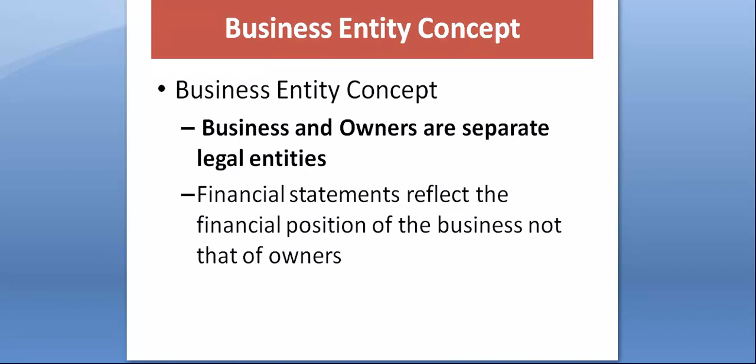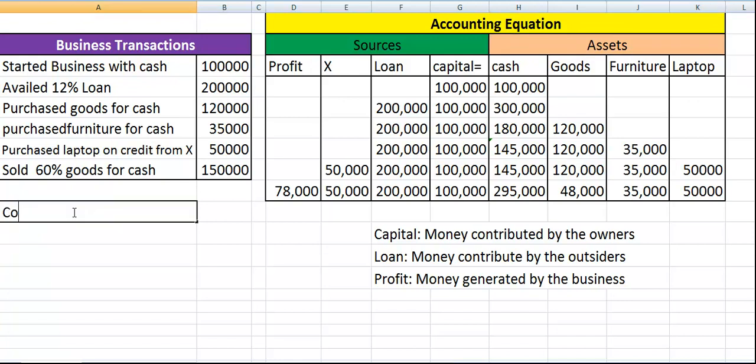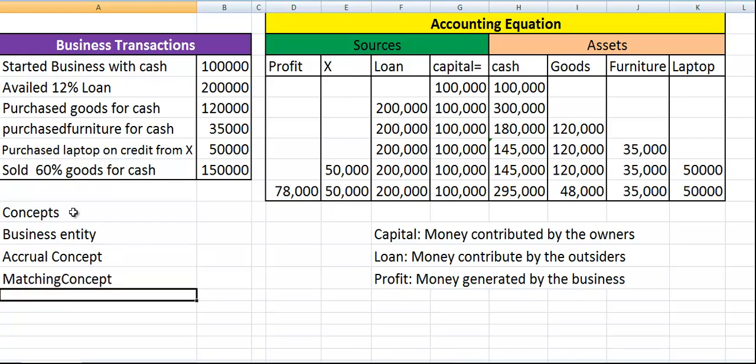So the conversion of transactions into the accounting equation is based on certain concepts. It is not arbitrary. The concepts are the business entity concept, the accrual concept, the matching concept, and the dual aspect concept.